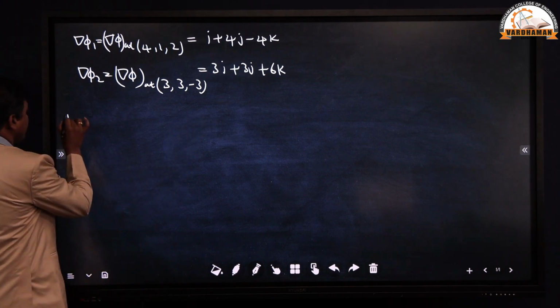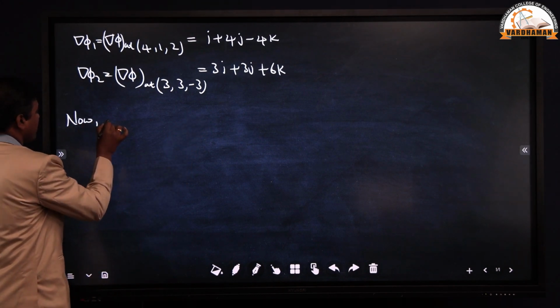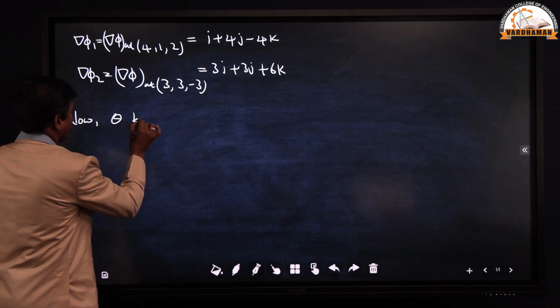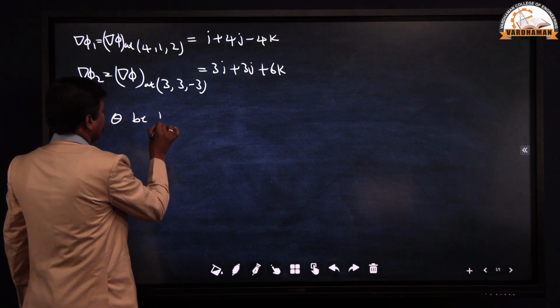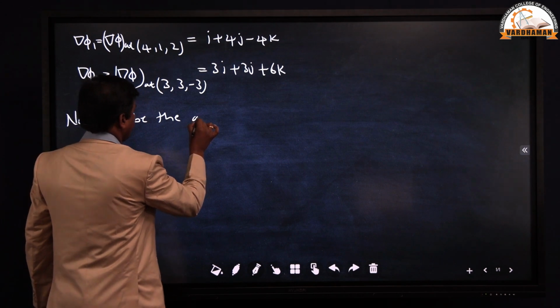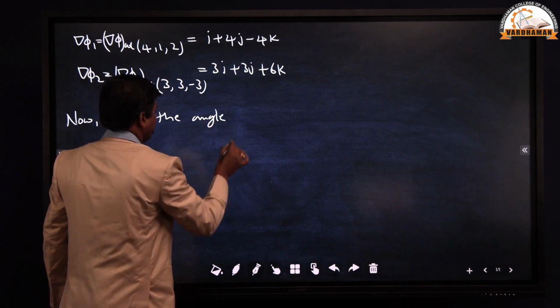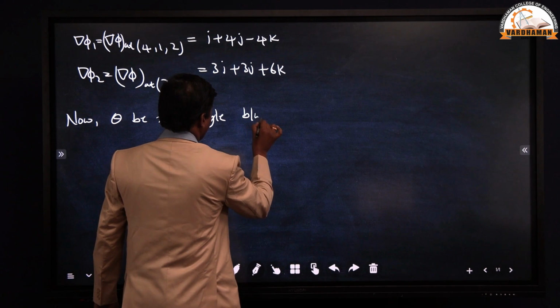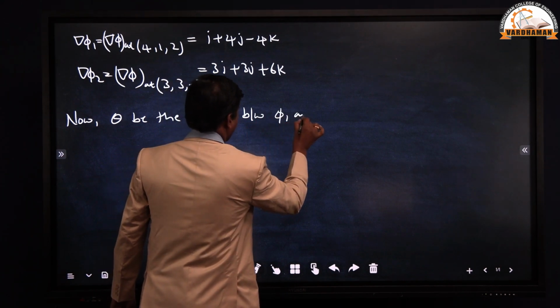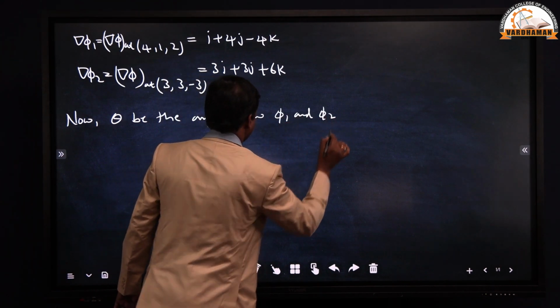Now let theta be the angle between phi 1 and phi 2.